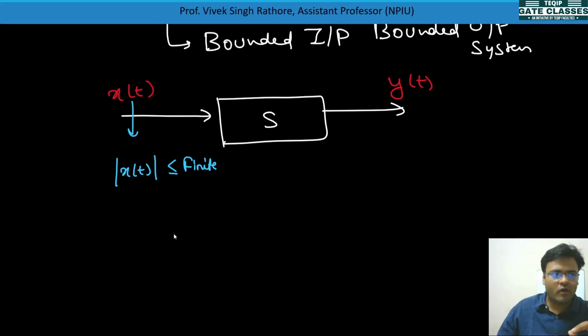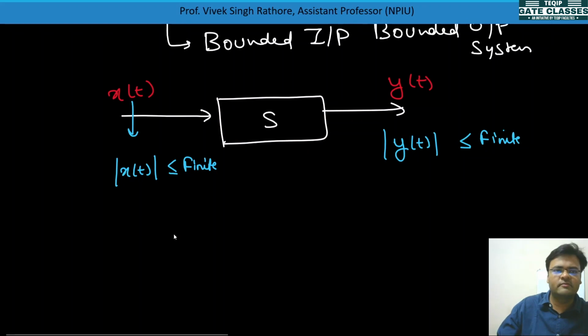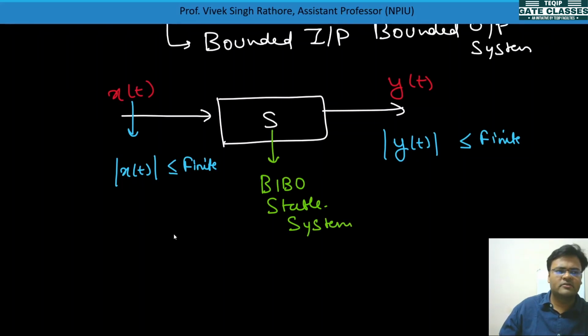So for a bounded input, if we are getting a bounded output, then this system will be called a BIBO stable system. Simple concept, it is not very difficult.